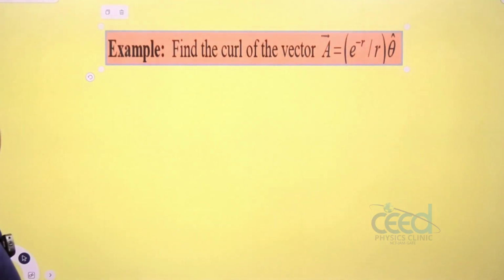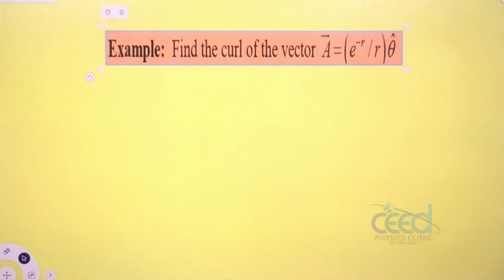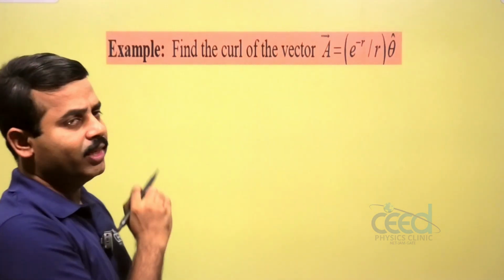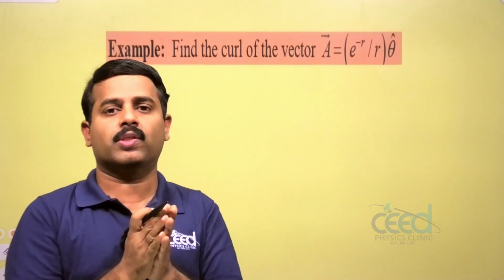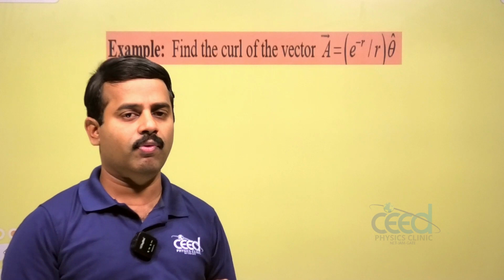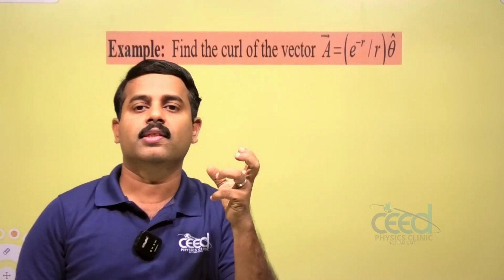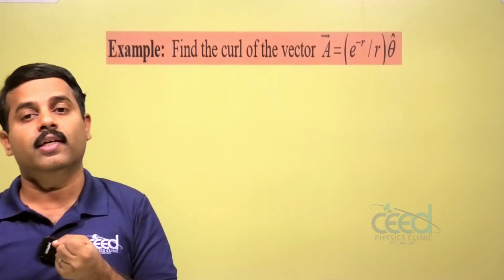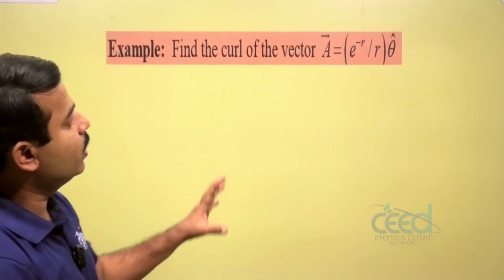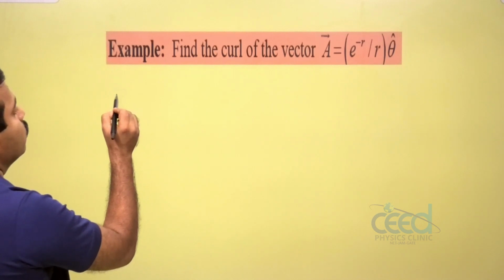We want to find the curl. What is the general expression for curl? Here r and theta cap are given, so this is in the spherical polar coordinate system. The first thing is you should identify the coordinate system. So in spherical polar coordinates, how do we represent curl? Let me write here del cross A.